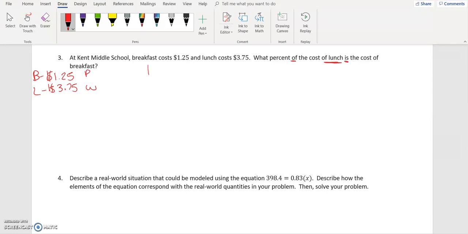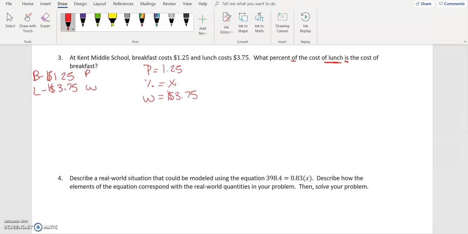Percent was our question. So we have P, part, percent, whole. P is $1.25. Percent is X, and whole is $3.75. I won't use that dollar sign when I'm actually writing it out, but it is money.